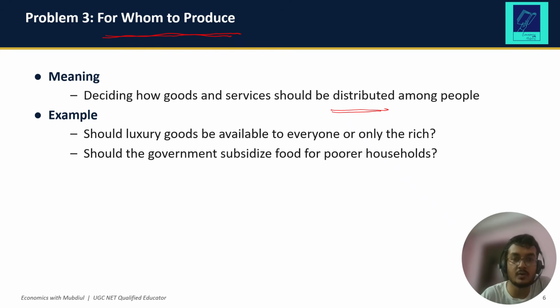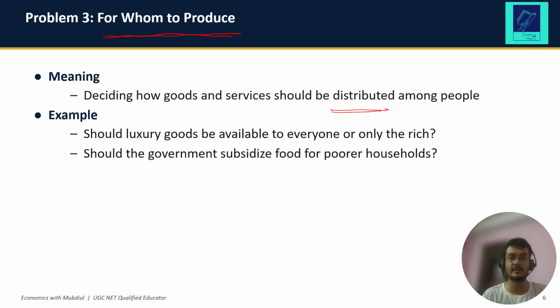The important point is that someone has to decide how the cake is distributed. And an economy faces exactly the same problem, except instead of cake, it is distributing food, houses, education, healthcare, clothes, electricity, and countless other goods and services.